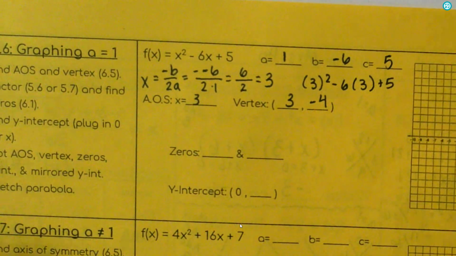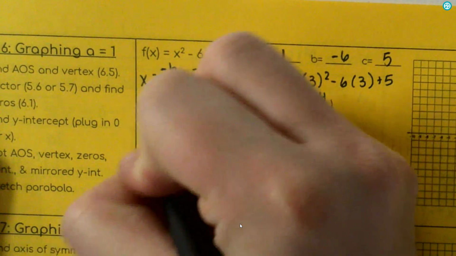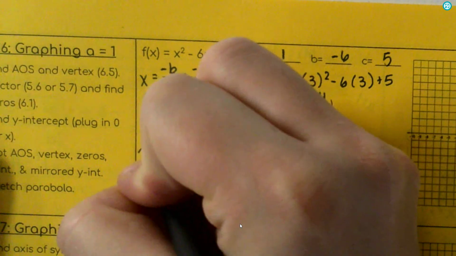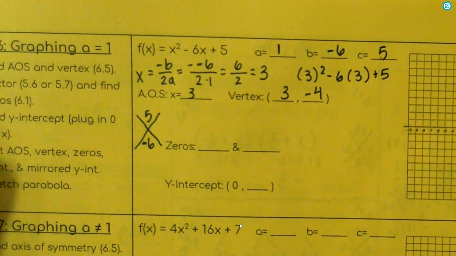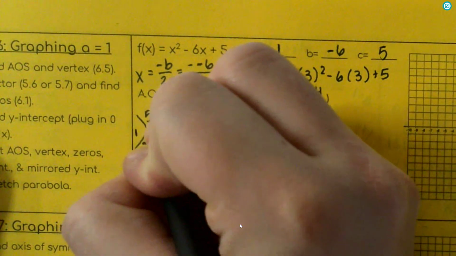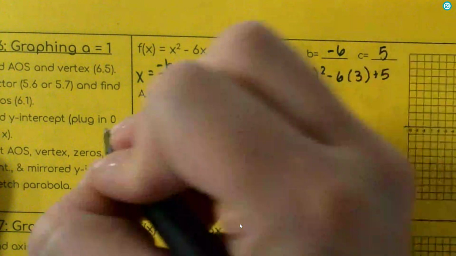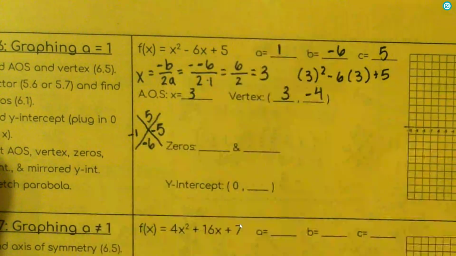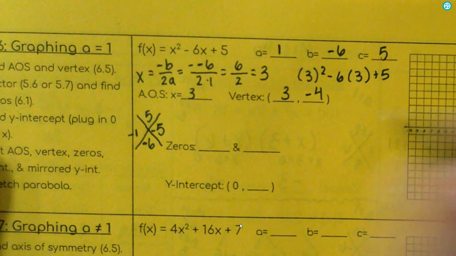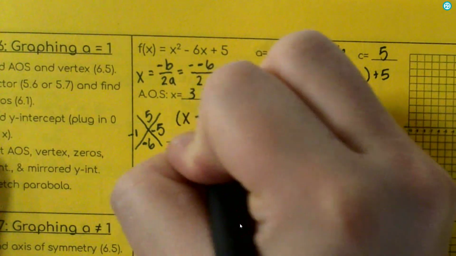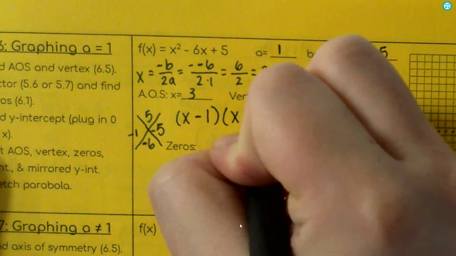So for this problem here, we are trying to find two numbers that multiply to 5 and add to negative 6. The only numbers that multiply to 5 are 1 and 5. 5 is a prime number, so it's just 1 and itself. And how we make them add to negative 6 is make them both negative. So negative 1, negative 5. So my factored form is going to be x minus 1 and x minus 5.